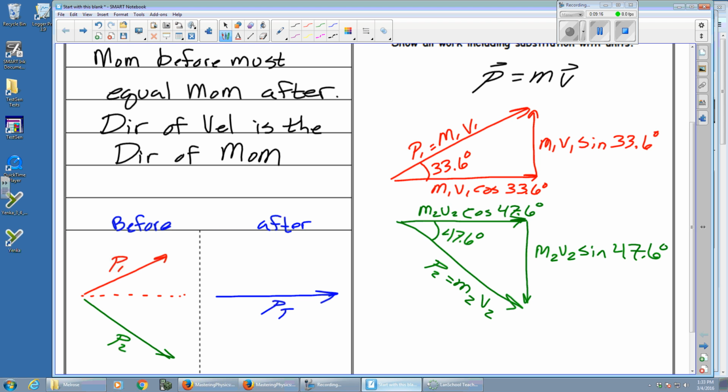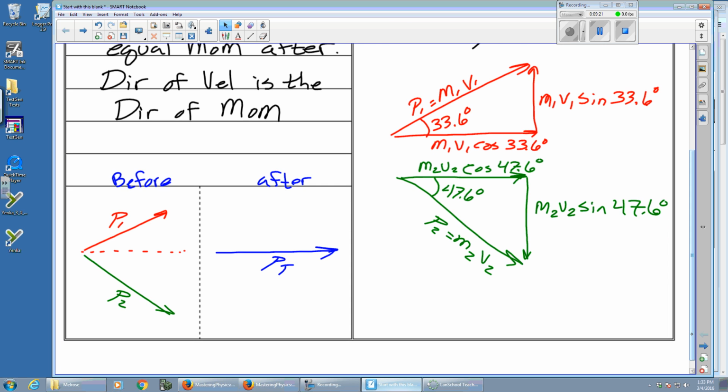And then, do I need to find the components of the final momentum? No, why? Because it's in the X direction. I'm looking right now, I had to break P1 into 2 parts because it points in both the X and Y direction.